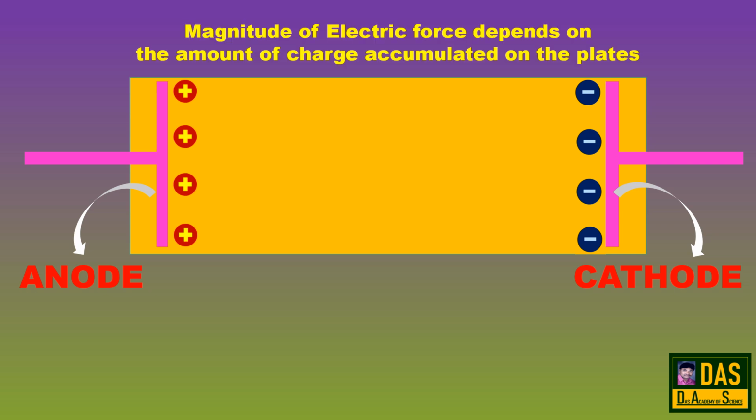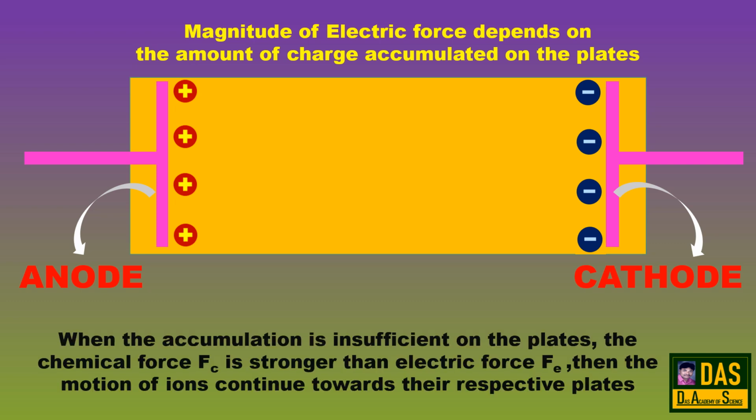The magnitude of electric force depends on the amount of charge accumulated on the plates. When the accumulation is insufficient on the plates, the chemical force is stronger than the electric force, then the motion of ions continues towards their respective plates.